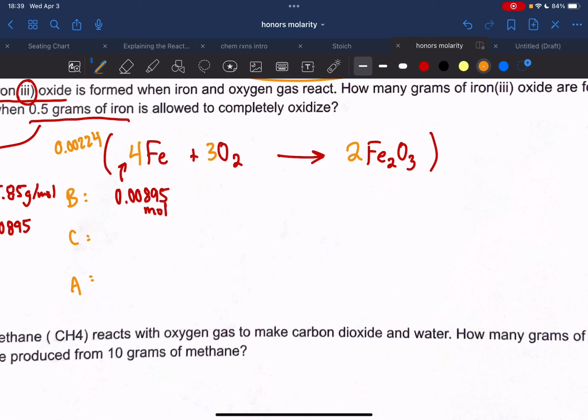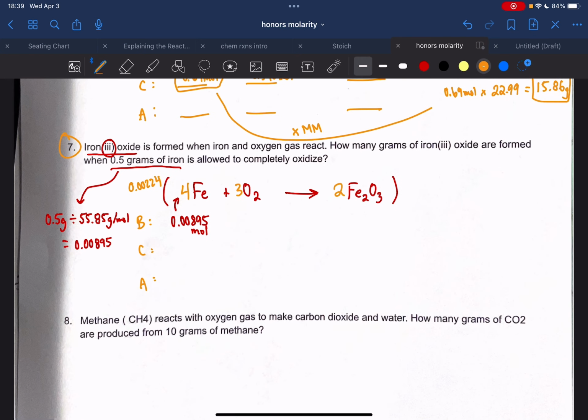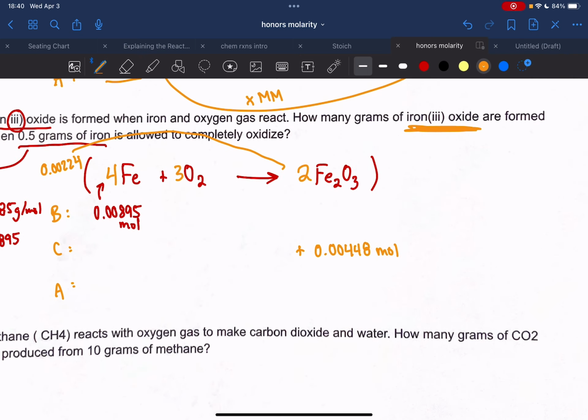And that gets distributed all the way over to my 2 over here with my iron 3 oxide, because that's the substance that I'm interested in. So when I multiply that number by 2, I get that I am making 0.00448 moles of iron 3 oxide. All right.